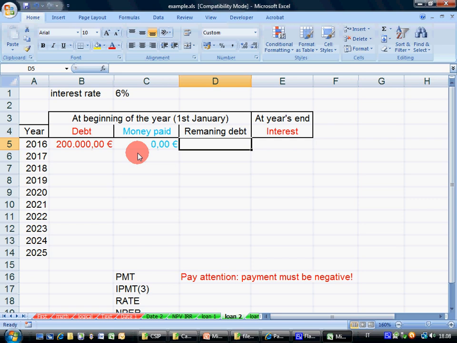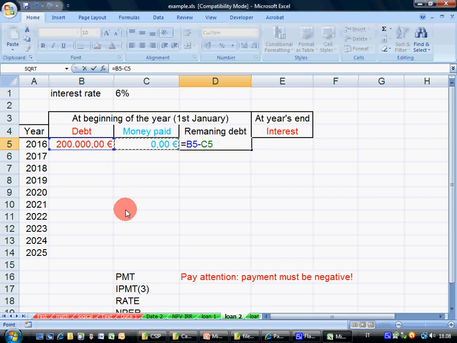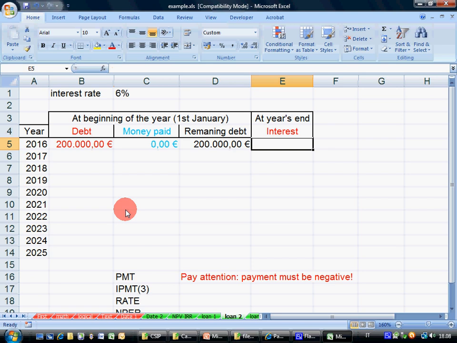So your remaining debt is equal to the debt minus what you've paid. Okay. I know it's still the same, but we'll need the formula later. Okay. Finally, at the year's end, the bank will charge you interest. So don't expect that they don't charge you interest. How much interest? Well, equal to the remaining debt at the beginning of the year multiplied by the interest rate.